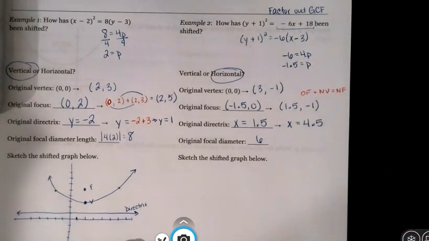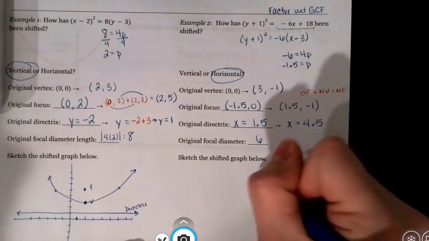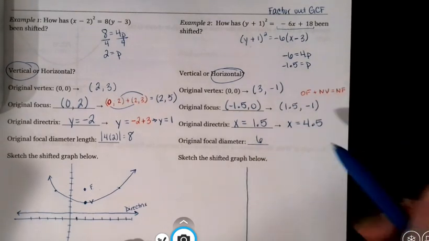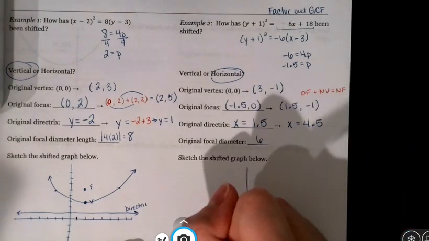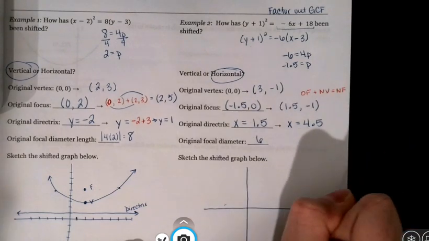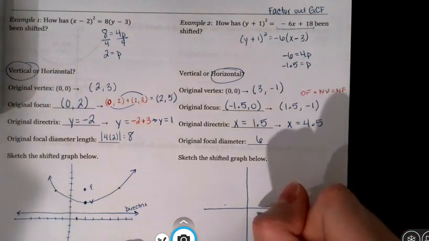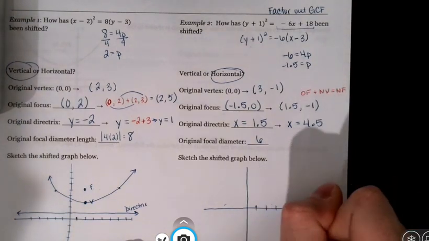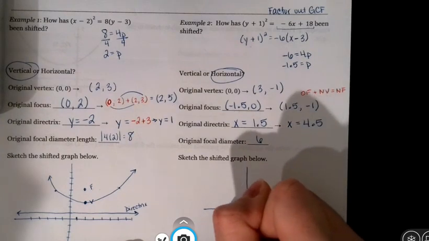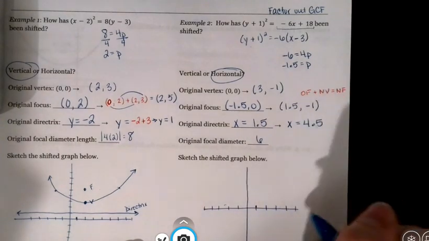So now I can go ahead and graph my shifted parabola. And I'm just looking at how far I should go in either direction for my tick marks. So we're going to go 5.